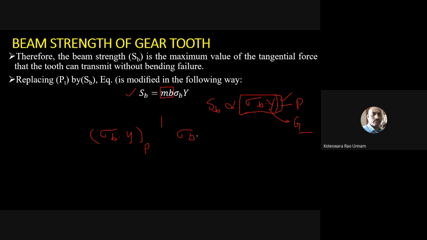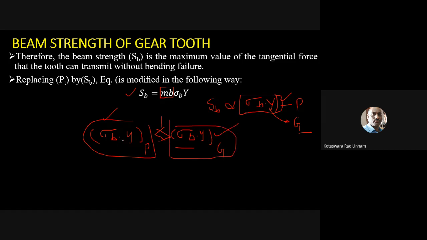Then sigma_B into Y, I calculated this value for the gear also. Suppose sigma_B into Y of P is less than sigma_B into Y of G, then the pinion is going to be the weaker. Or else, if the pinion's value is larger than the gear's value, the gear is going to be the weaker. Then your design is based on the gear, not on the pinion. Like that, you need to decide.